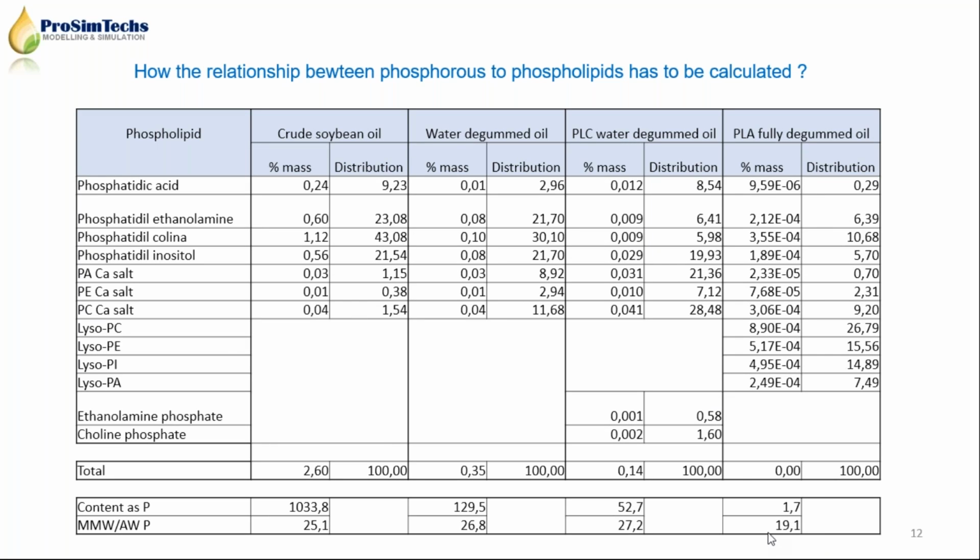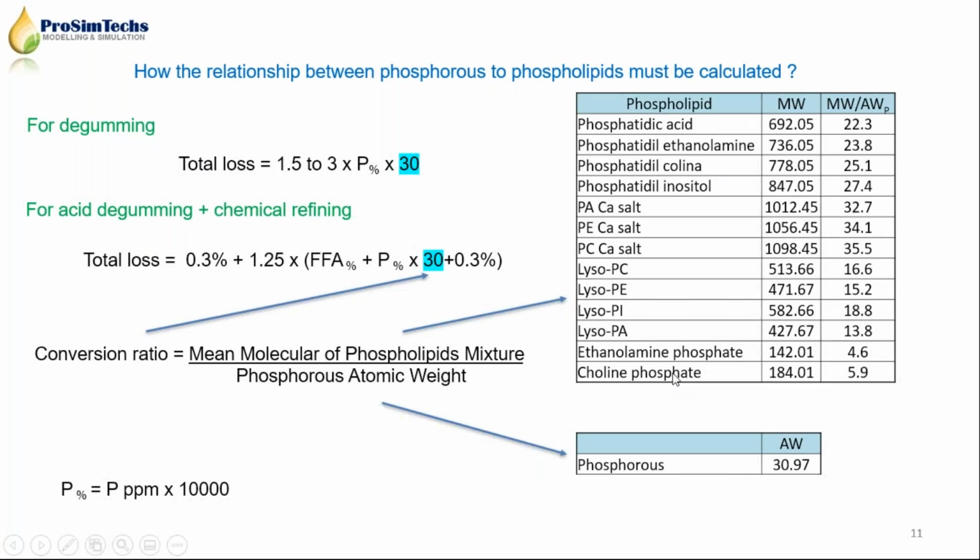I would say it is the lowest value, and this is because now we have fewer phospholipids, which have a much lower molecular weight. So in a fully enzymatic degummed oil, we have fewer phospholipids, and as we see, the molecular weights are much lower than the original phospholipids.